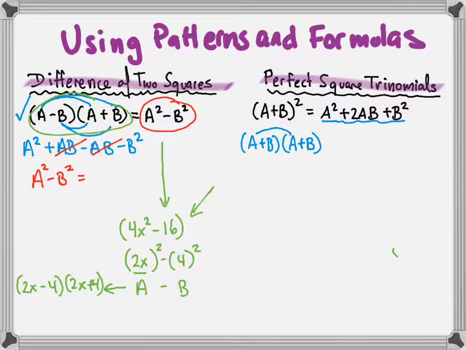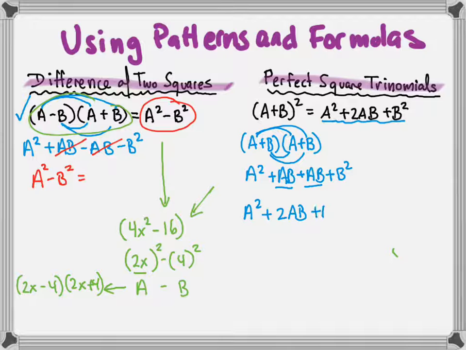So I have an a times a, which is a squared, plus a times b, which is ab, b times a, which again is ab, and b times b, which is b squared. Combine like terms, and I get a squared plus 2ab plus b squared, which is equivalent to this guy right here that we said that it was.